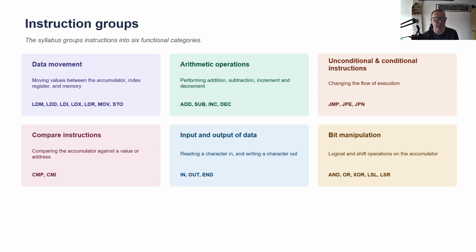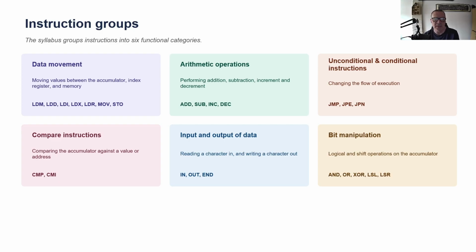So then we've got a section for comparing instructions, and in CIE they have CMP compare, which is a value that you're given, like an immediate value, and then you've got a CMI indirect, comparing with the contents of an address.